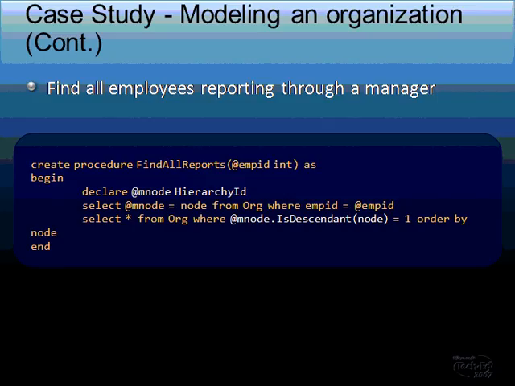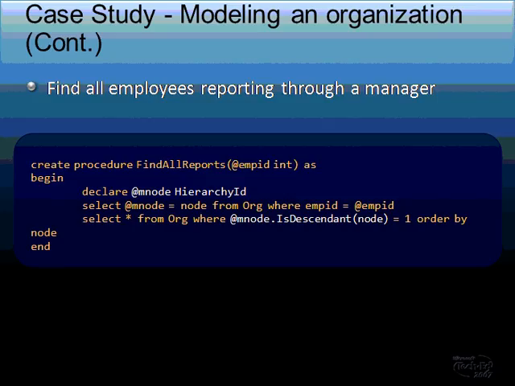So slide 14 is also a very common query operation. If you want to find all the employees reporting to a manager, whether it's a direct report or indirect report, you can use, as I mentioned earlier, the IsDescendantOf method, which will traverse the subtree, find all the information and return that to you.